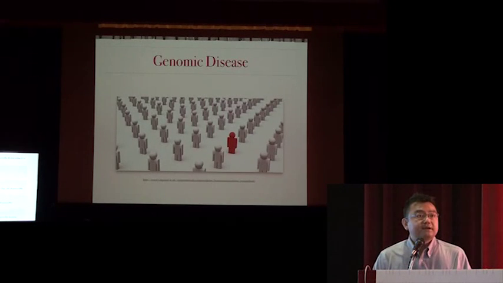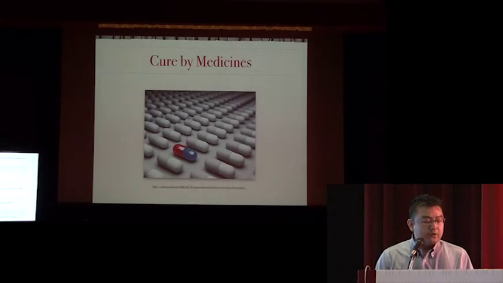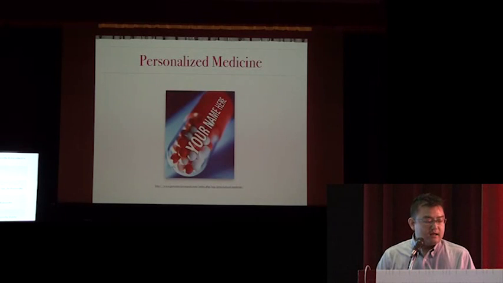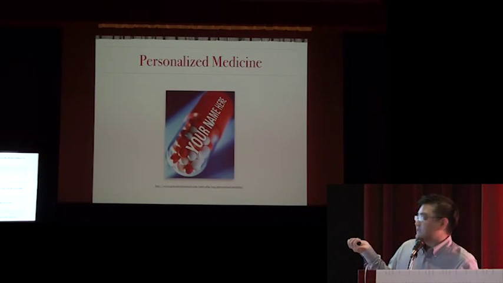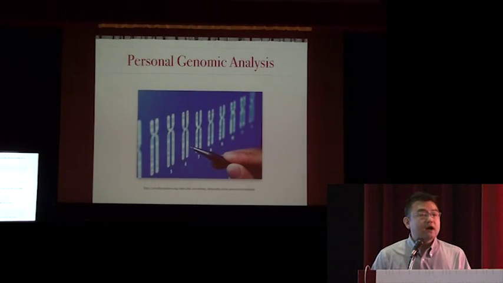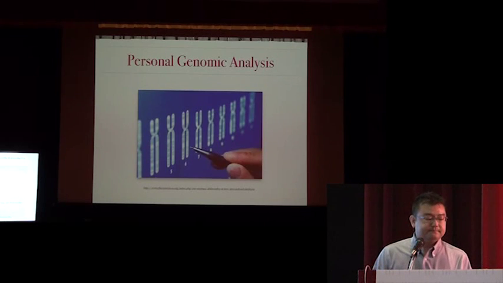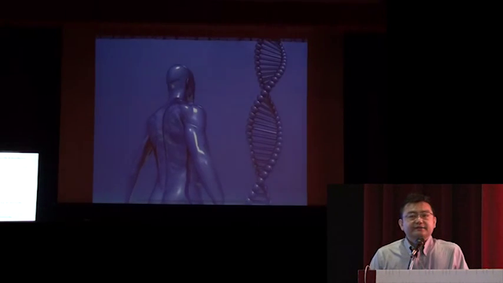So, if you are a sick person, could you find the cure from a lot of medicines, or put your name on this medicine? So it requires personalized genomic analysis.